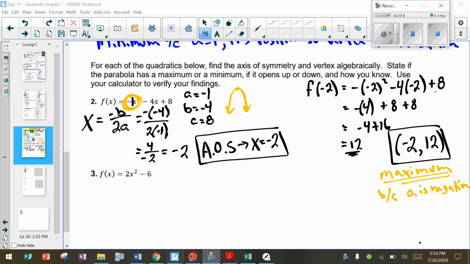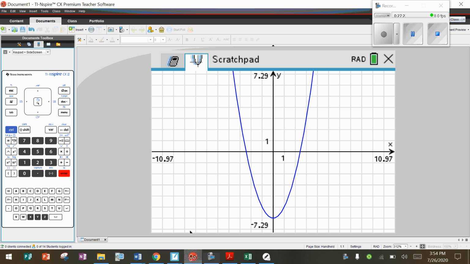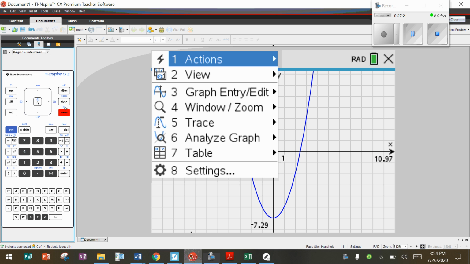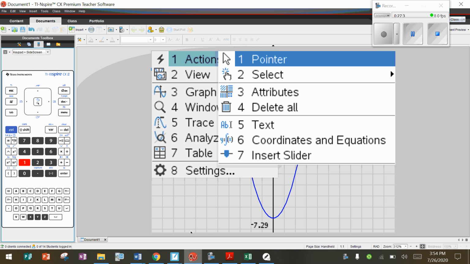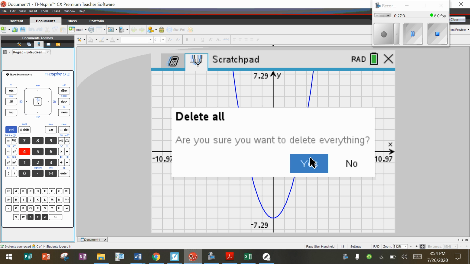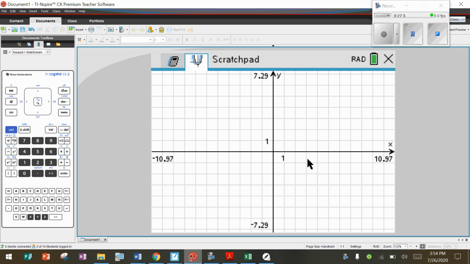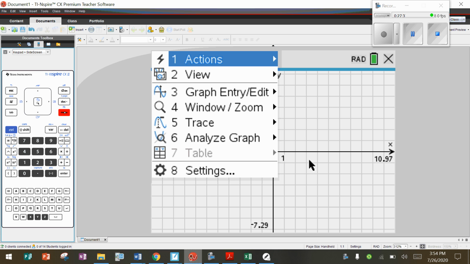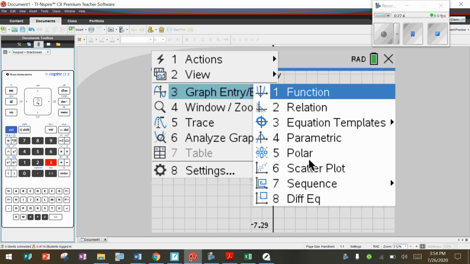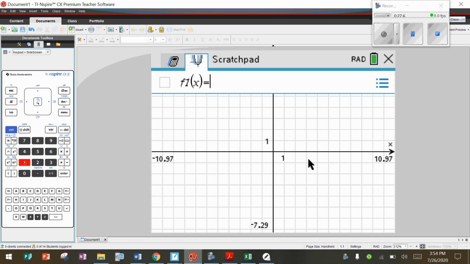But let's take a look at the graph anyways. So I have some stuff already in my graph. What I'm going to do is take some action and delete it. That way my graph is now clear. Now I'm going to menu. I'm going to option 3, graph entry, and option 1, function.